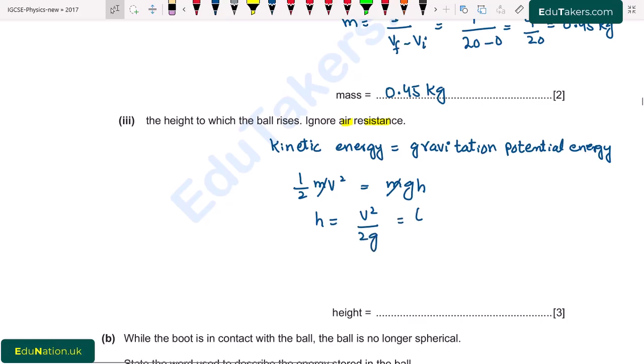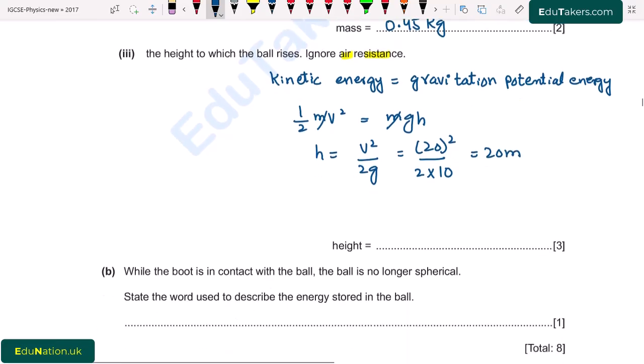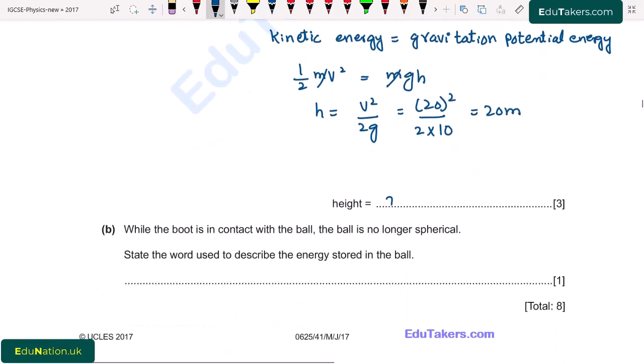Here v is 20 meter per second, over 2, and the value of g is 10 meter per second square. So I write here 10, so that the value of height comes to be 20 meter. So I write here height is equal to 20 meters.